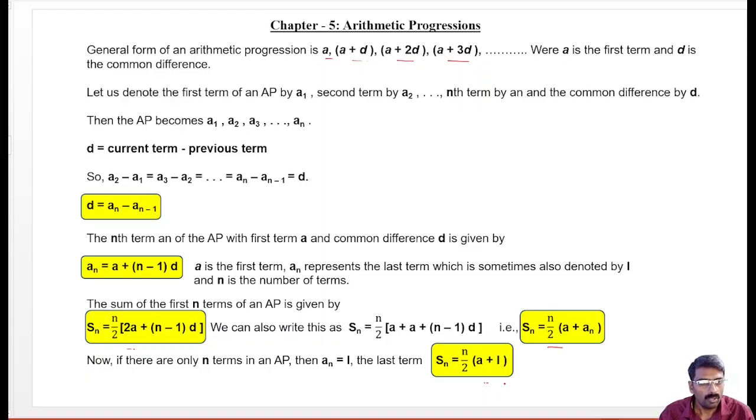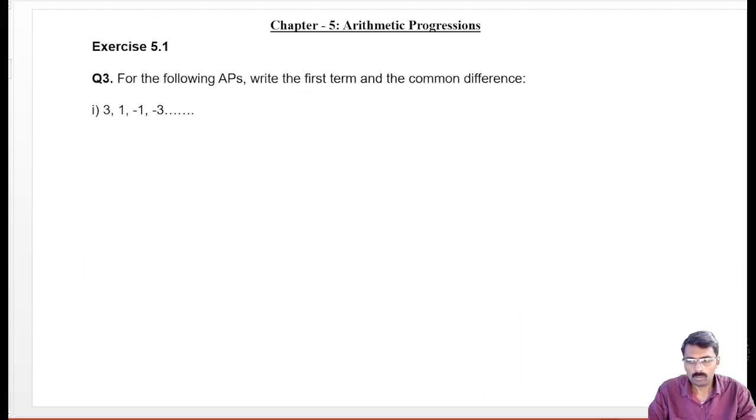Now we would continue with the exercise problems. Exercise 5.1, question number 3. For the following APs, write the first term and the common difference. So we need to write the first term, that would be A, and the common difference, that would be D, for all the questions which is given. The first sub question, 3 comma 1 comma minus 1 comma minus 3 and so on.